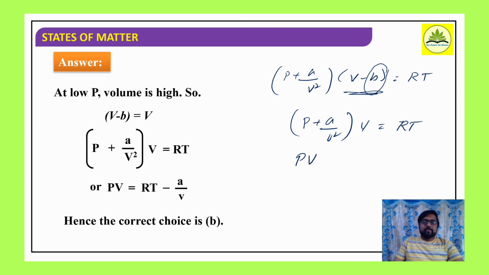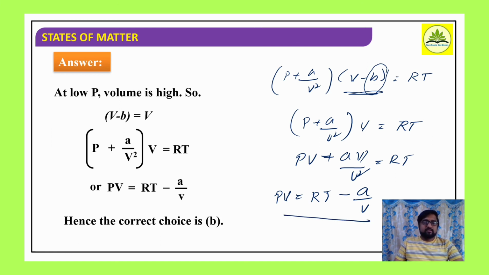Again you multiply: PV + aV/V² = RT. V and V² cancel, so PV + a/V = RT, that is PV = RT − a/V. This is the expression we got, right? So according to the given options, the second option is correct: PV = RT − a/V.